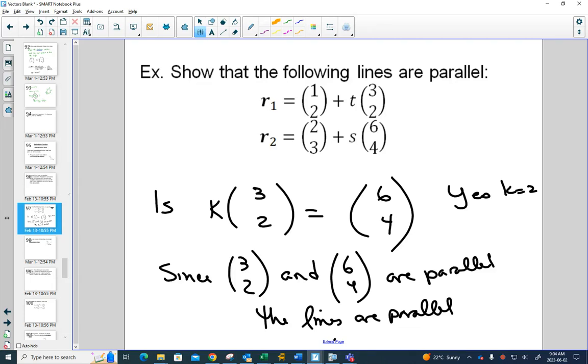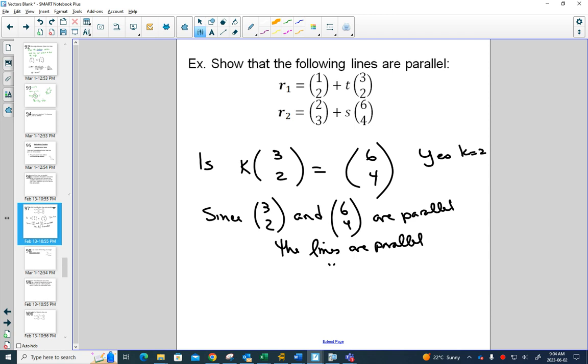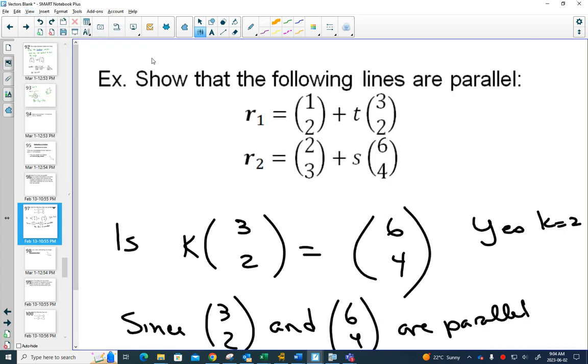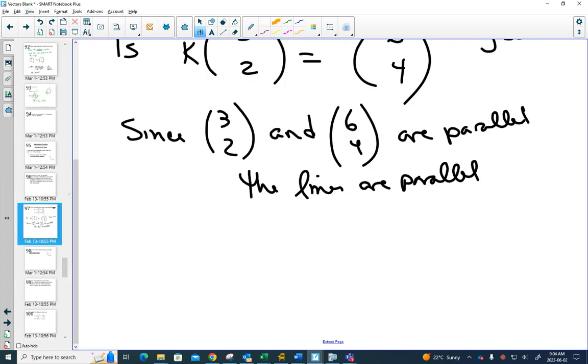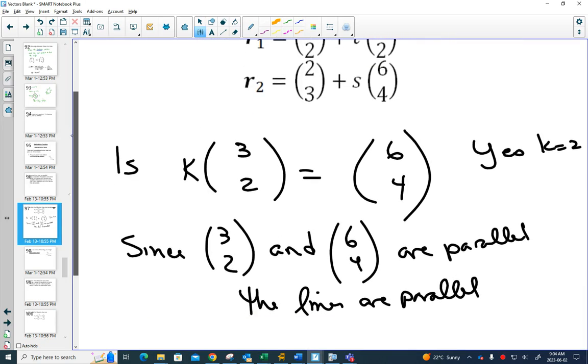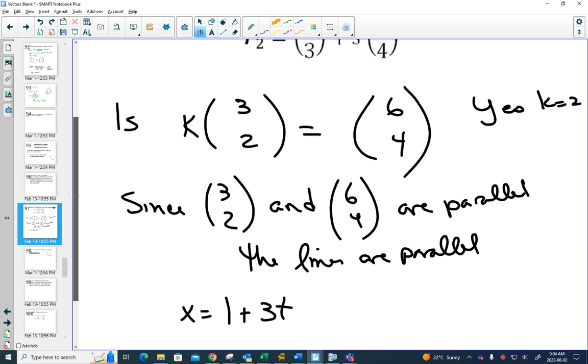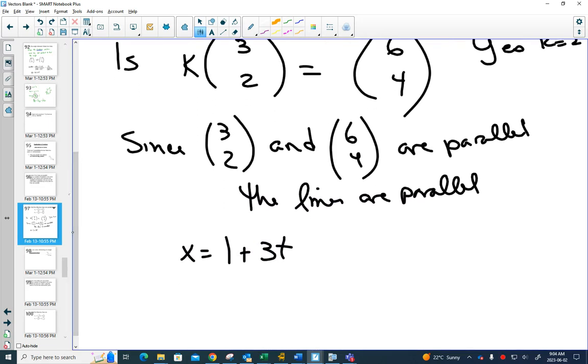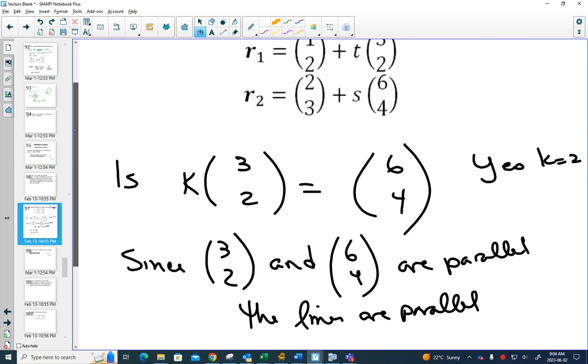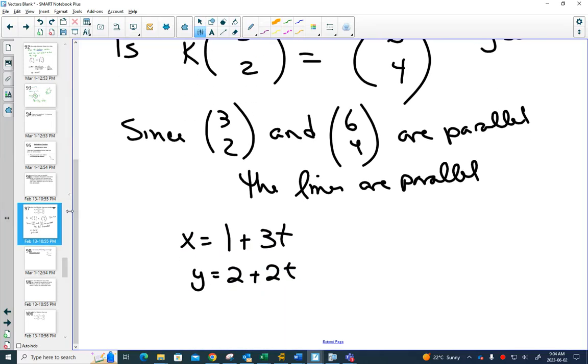But if you did want to solve a system of equations, you could go to the parametric equations. So the one equation is x equals 1 plus 3t, and y equals 2 plus 2t. And then we have x equals 2 plus 6s, and y is equal to 3 plus 4s.